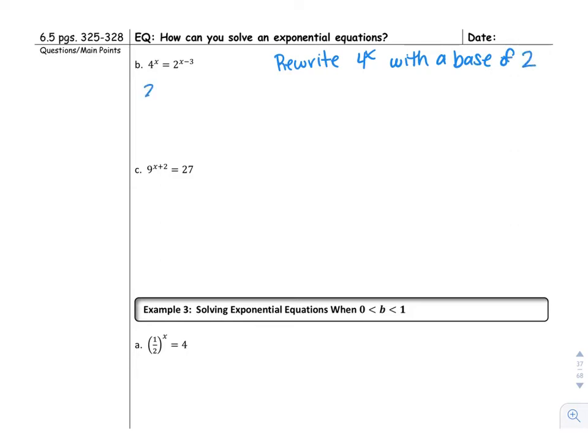So that means 2 squared is 4, and then that would be 4 to the x, and that would be equal to 2 to the x minus 3. Now we're going to apply one of our properties of exponents, which is going to be the power of a power property, which means we're going to multiply the exponents.